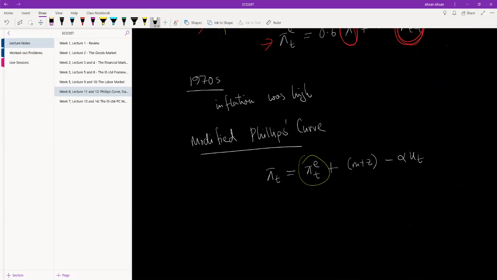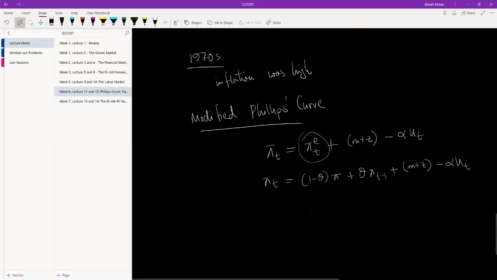And as a result, what we are going to get is (1 minus θ) plus θ π_t-1 plus m plus z minus α u_t.